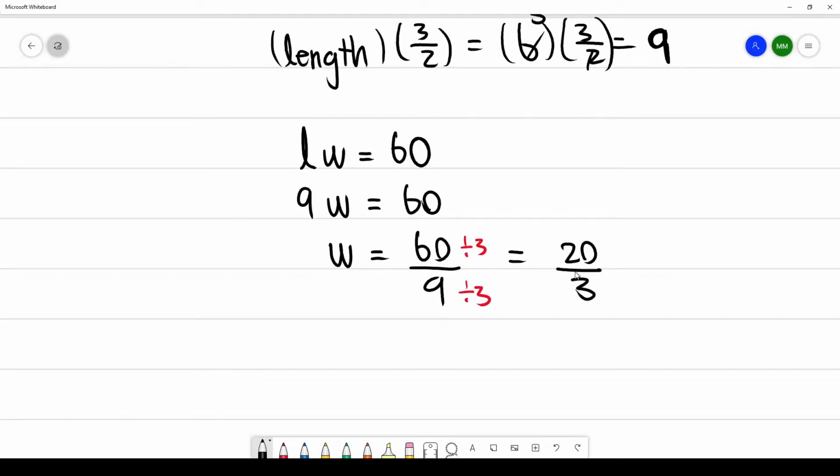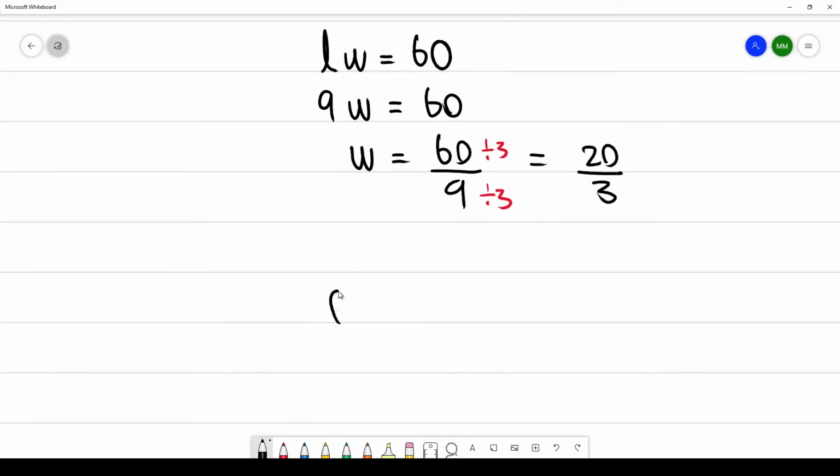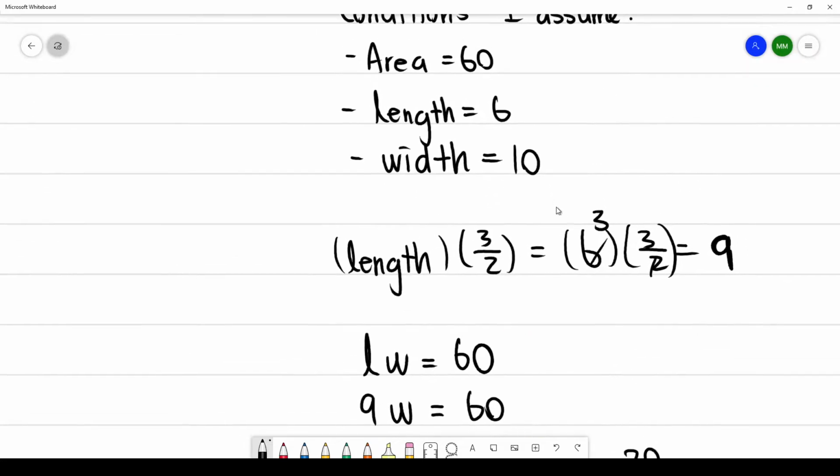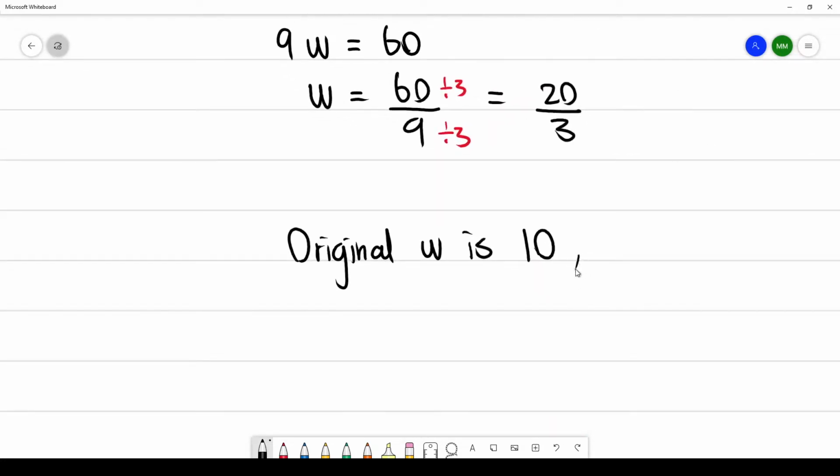Okay, 20/3. The original width is 10, and the new width is 20/3.